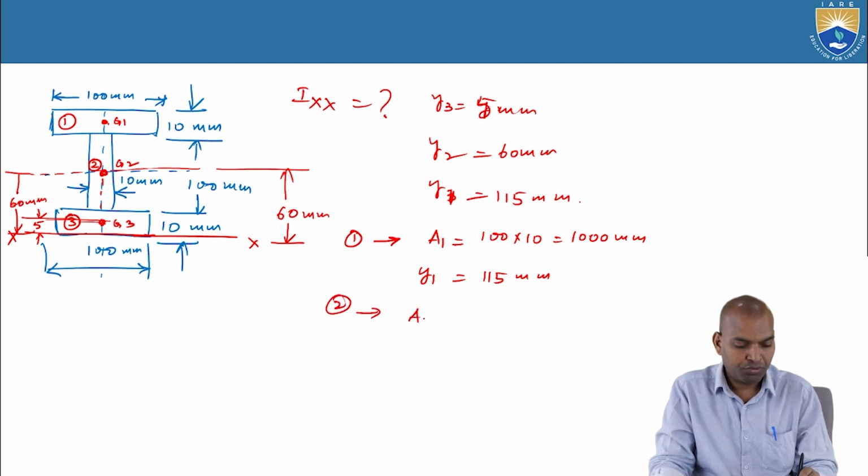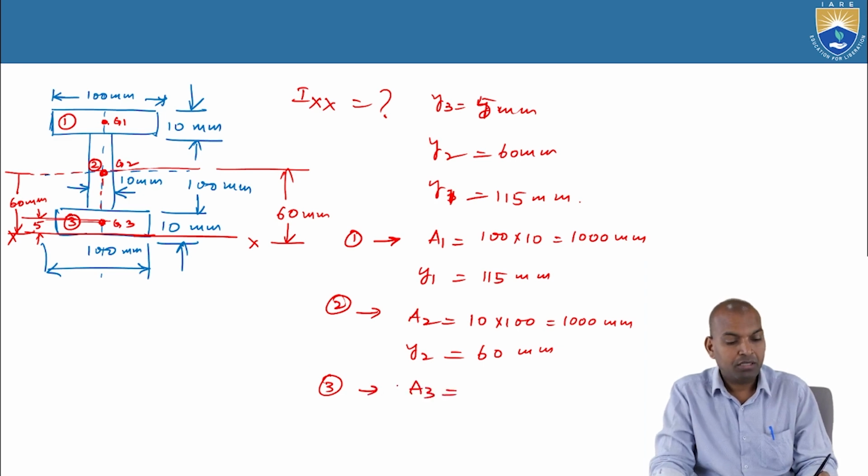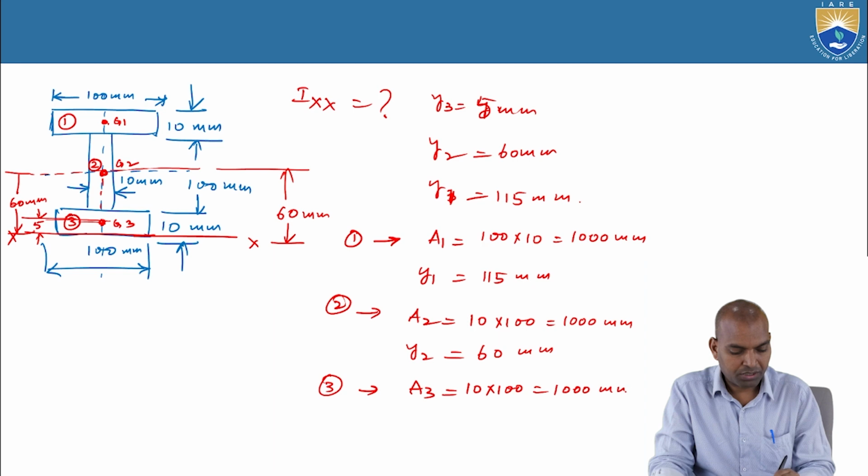Section 2: A2 is again 10 into 100, that is 1000 square millimeters, and Y2 equals 60 millimeters. Next, section 3: A3 is 10 into 100, which becomes 1000 square millimeters, and Y3 is 5 millimeters.